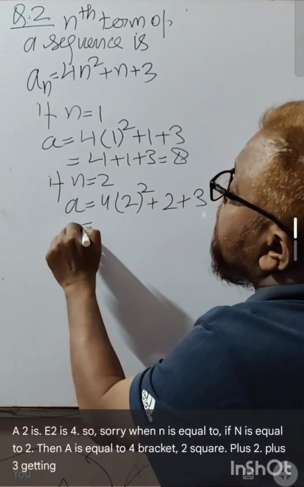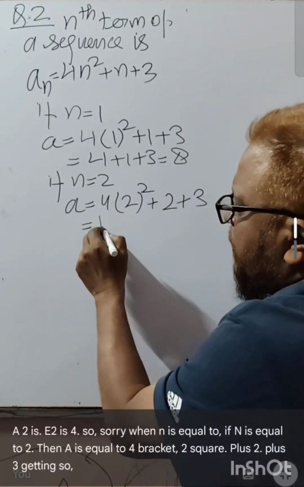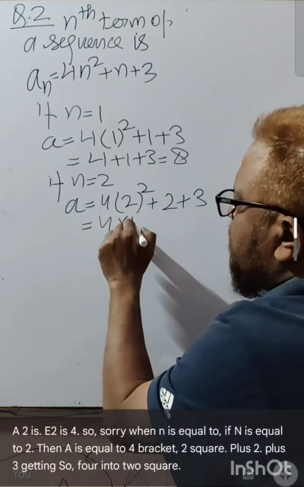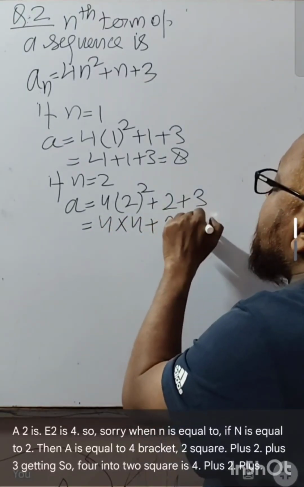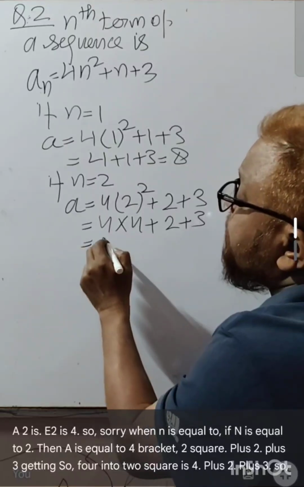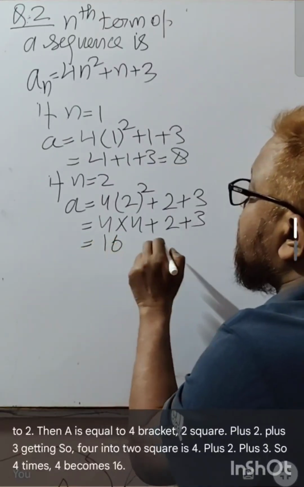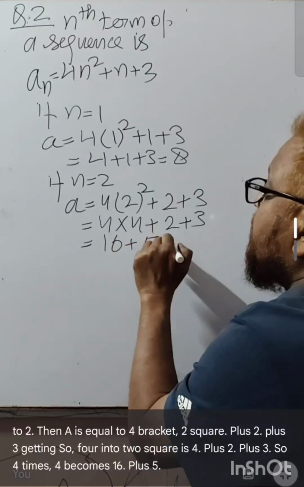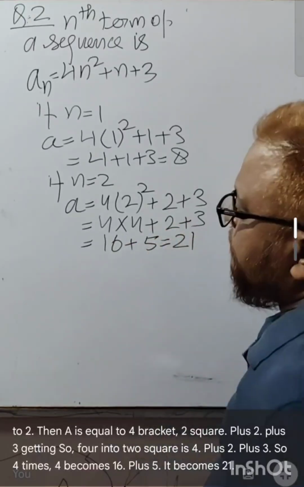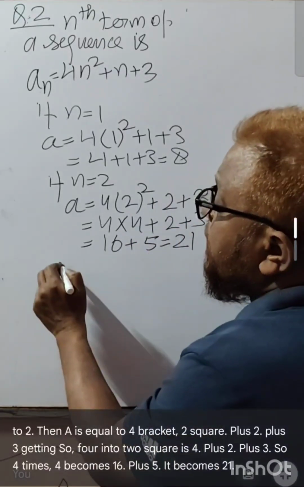Getting? So 4 into 2 square is 4 plus 2 plus 3. So 4 times 4 becomes 16 plus 5. It becomes 21. Right?